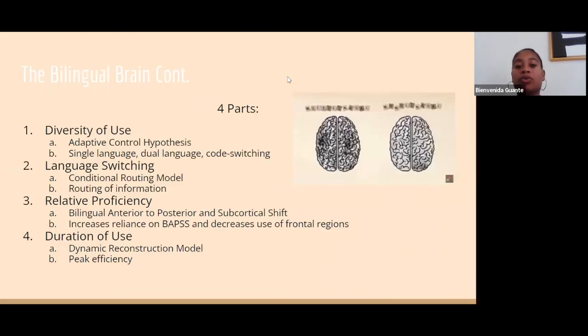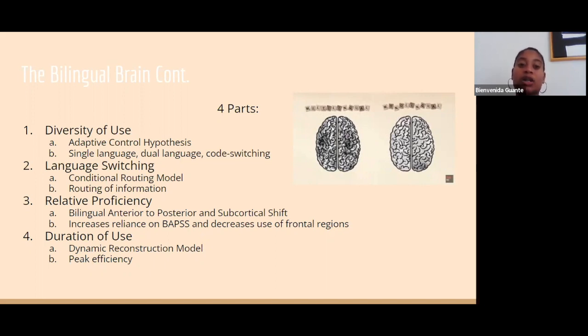Alongside no full information on where monolingualism and bilingualism comes from, there are parts of the brain that show where it separates itself in a sense of where you understand, where you respond, and where you control the brain. So there is a diversity of use, which is the adaptive control hypothesis, where the single language and dual language and code switching happens.